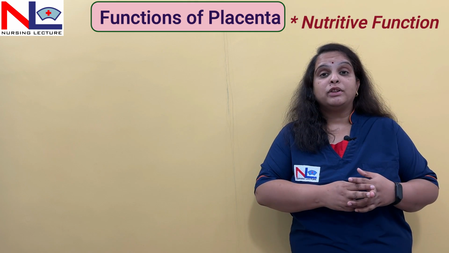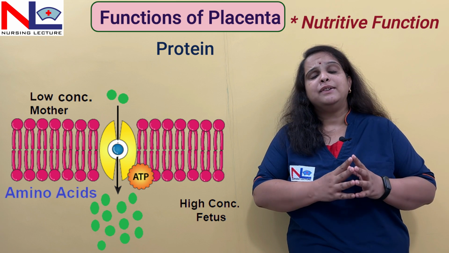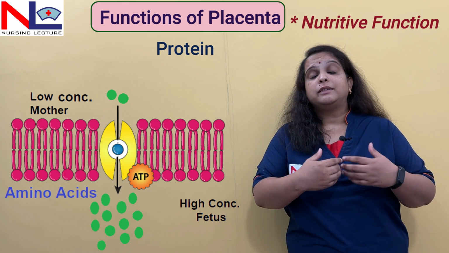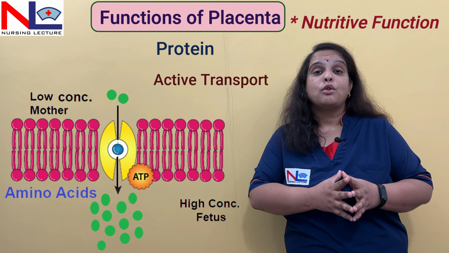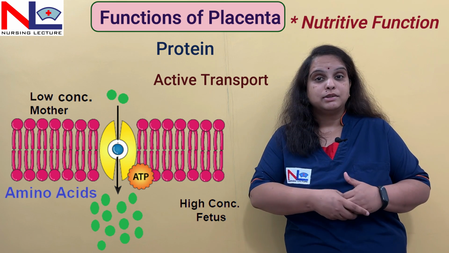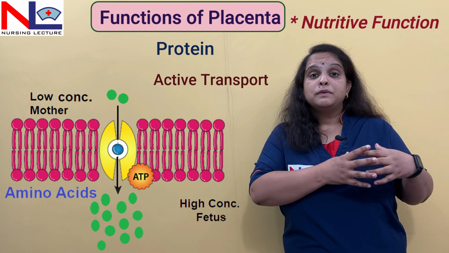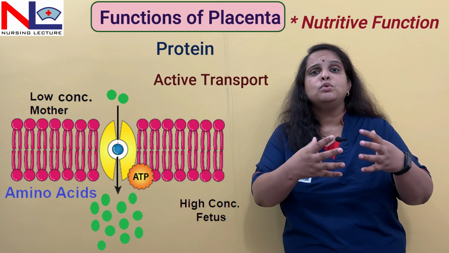The third nutrient is protein, which is transported in the form of amino acids. Here the transport is again from mother to fetus, but it is against the concentration gradient, because this process is active transport. Whenever molecules move from lower to higher concentration, they require energy and use ATP.